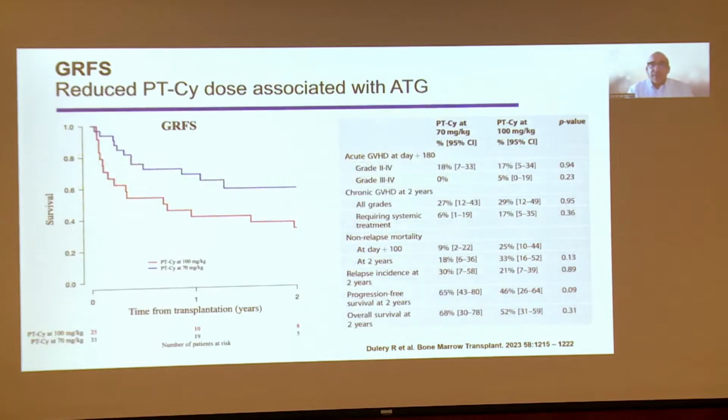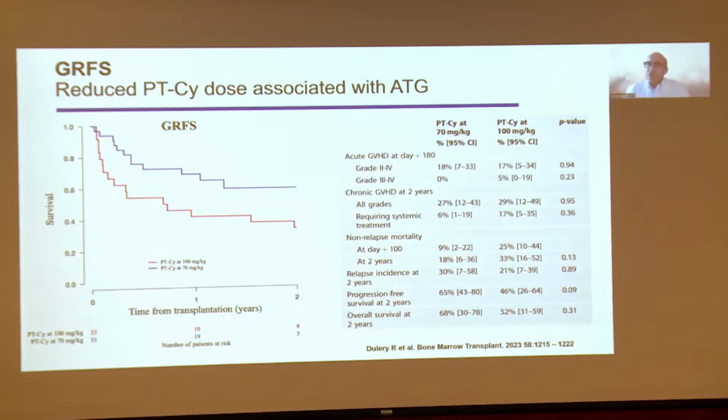And we published 2 years ago our original experience looking into the 100 milligram per kilo versus 70 milligram per kilo of post-Cy plus ATG, of course. And this has been published, it's open access, you can see the data. But again, you can reduce the post-Cy dosage by 30%.